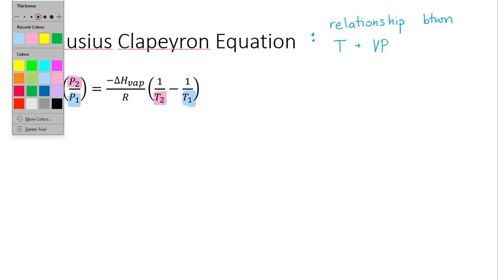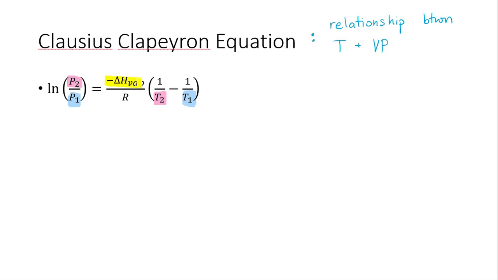The other part of this is we have the negative, don't lose the negative sign, delta H of vaporization, and we have R. Now, most normal people would say R is equal to 0.0821 liter atmospheres per mole Kelvin. And that's true, that's the gas constant.